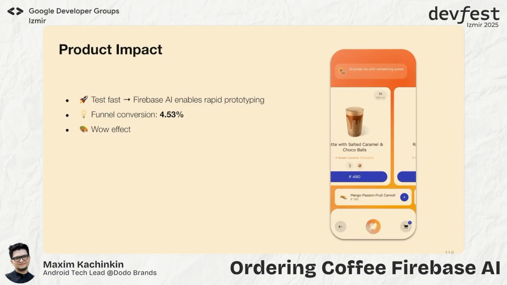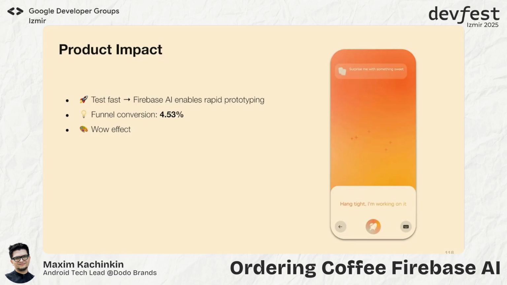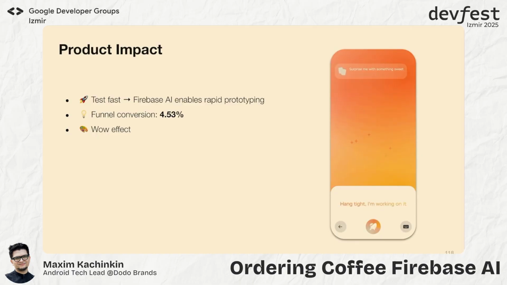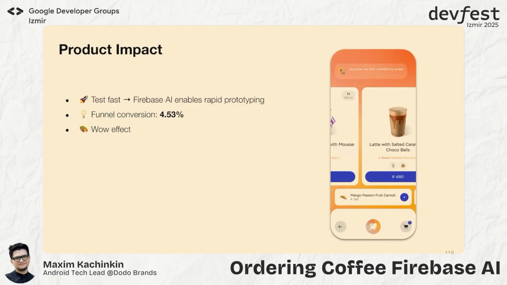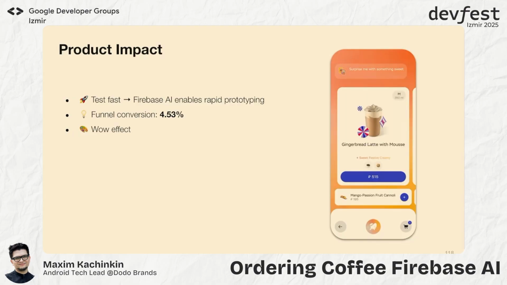We still do A/B testing, tuning things. But right now we have numbers: of the people who try to communicate with the AI, like 4% ended up ordering an actual product. And they also have this wow effect, because users like to play with the AI, say some funny things, you know what I mean?